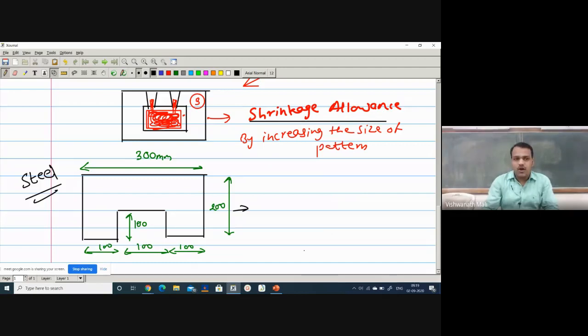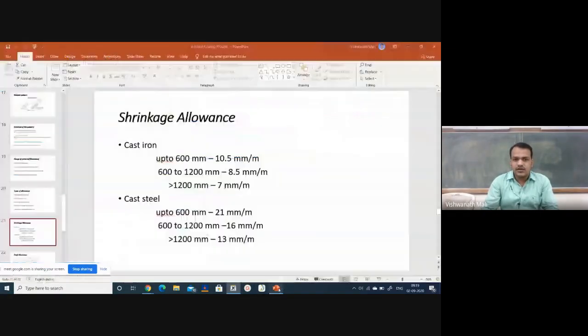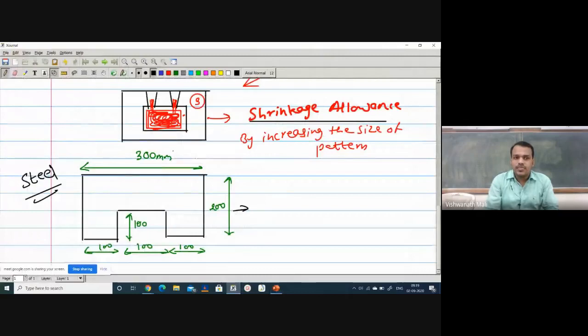Now see, all the dimensions are below 600 mm, and the allowance here is 21 mm per meter. What are the dimensions? We have 300 mm, 200 mm, and 100 mm. So calculate: 21 mm per 1000 mm, multiplied by 300.